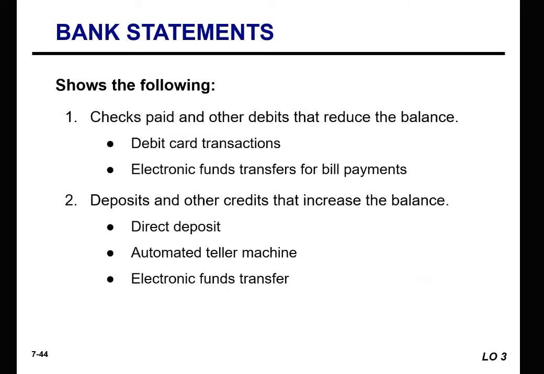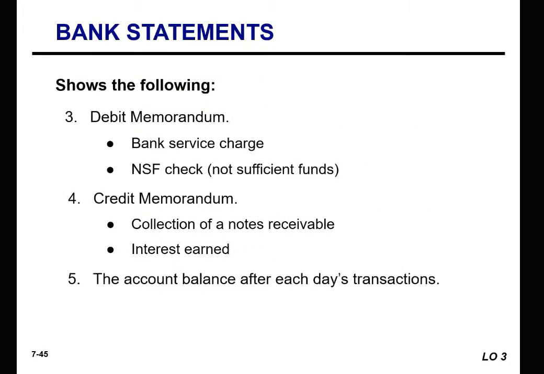So outside of the traditional checks, debit card transactions, electronic transactions in and out, deposits, ATMs, there might be service charges. There might be a chargeback because of an NSF check. There may be some collections of a notes receivable.